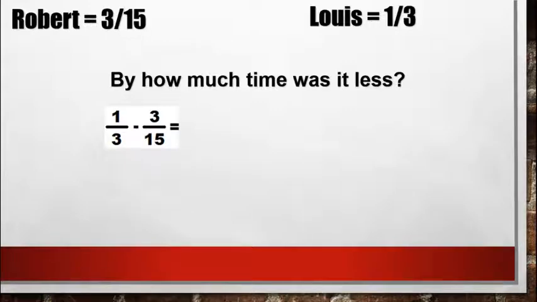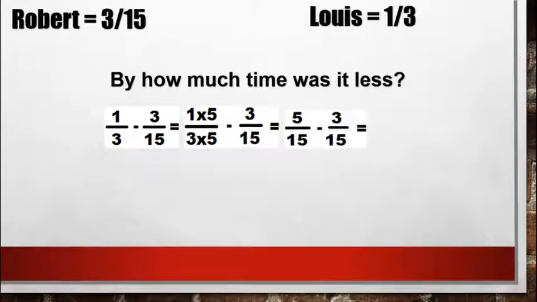Okay, very good. That is 5. So we'll need to multiply 1 times 5 over 3 times 5 minus 3 over 15. Okay, 1 times 5, that is 5. 3 times 5, that is 15. So we got 5 over 15 minus our second fraction, which is 3 over 15.